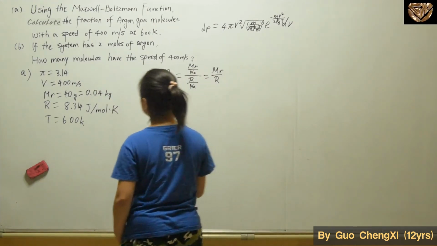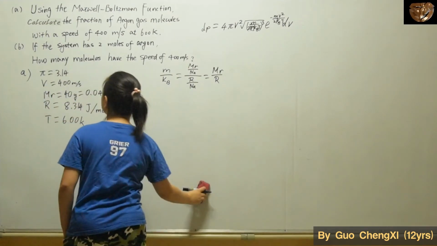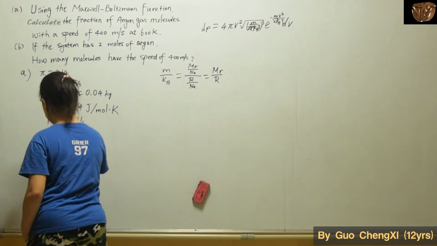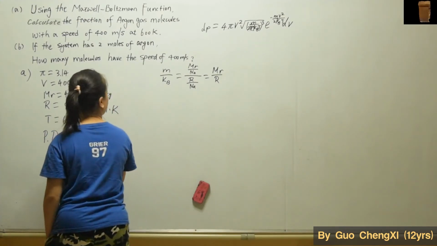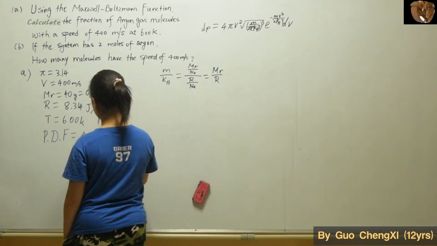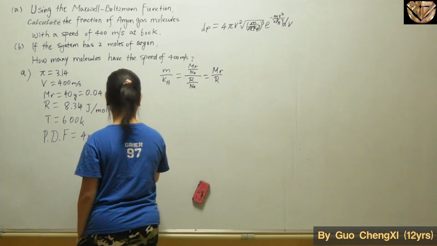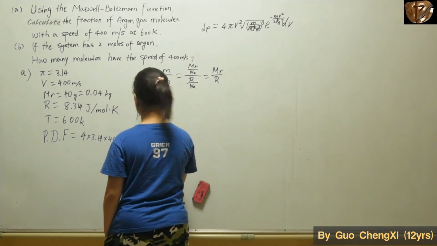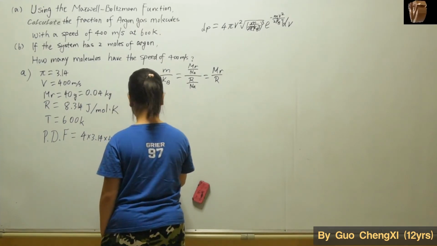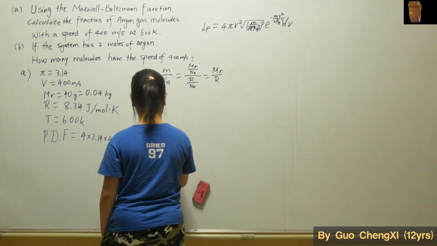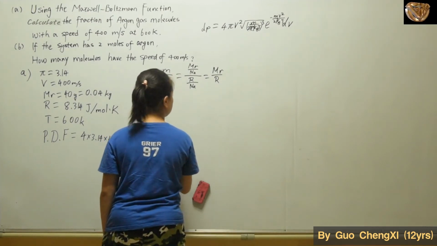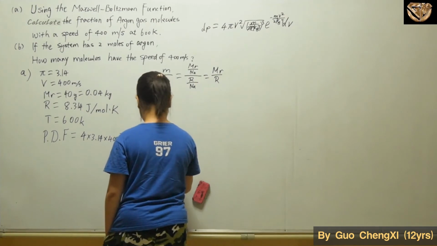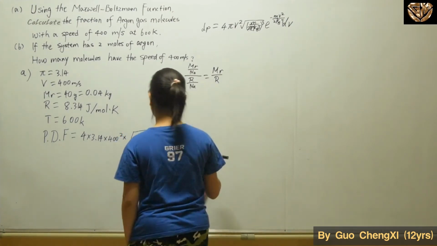Then after that, that's going to be all for A, and the PDF will be 4 times 3.14 times 400 square, after that square root (0.04) over 2 times 3.14 times 8.314 times 600.